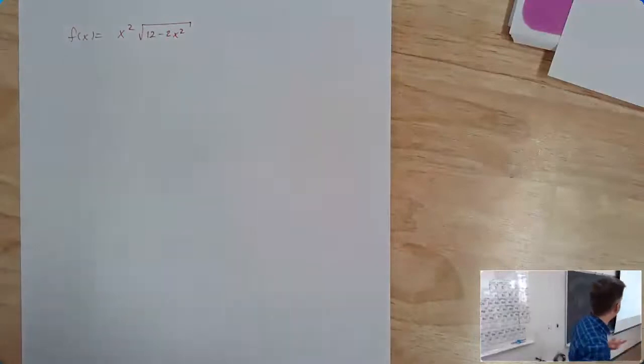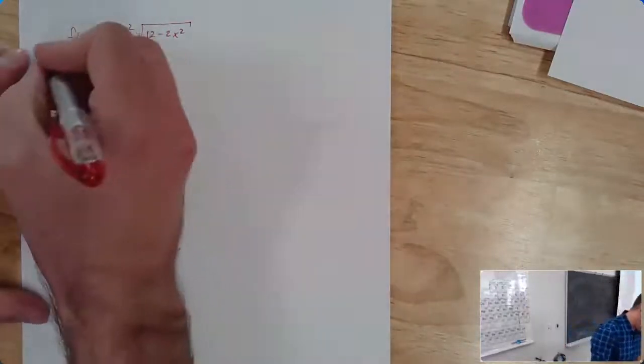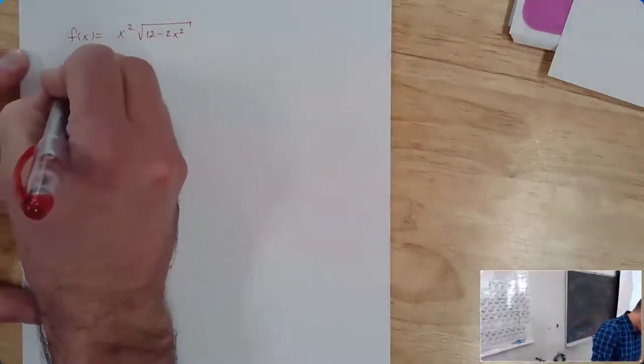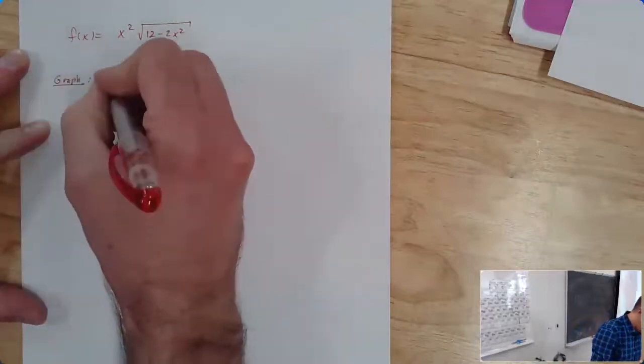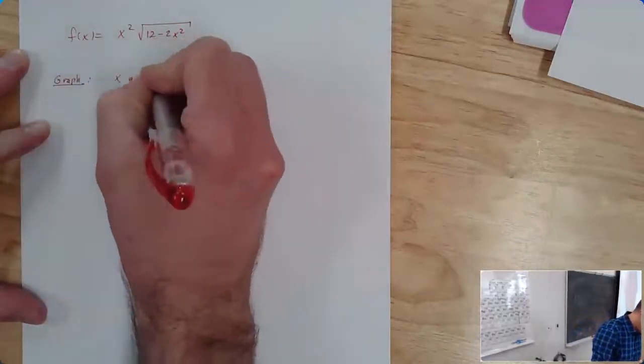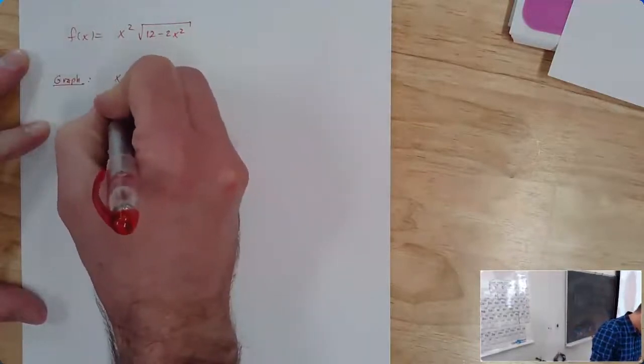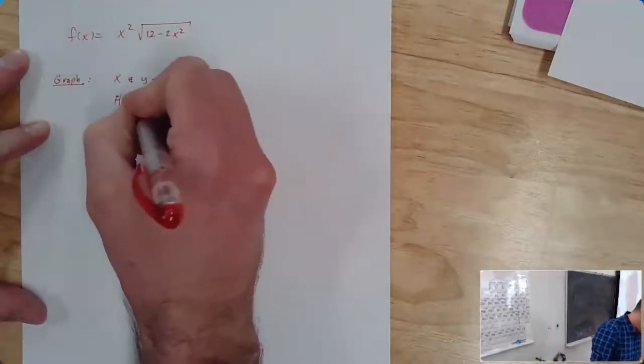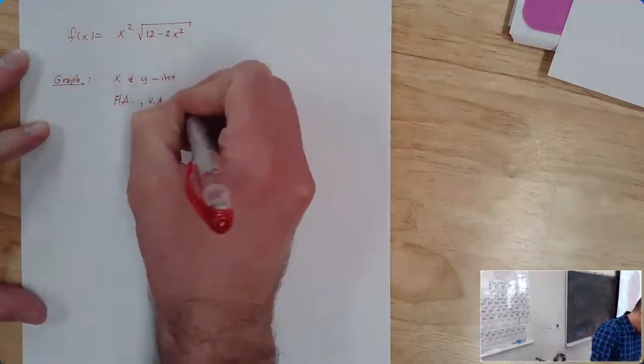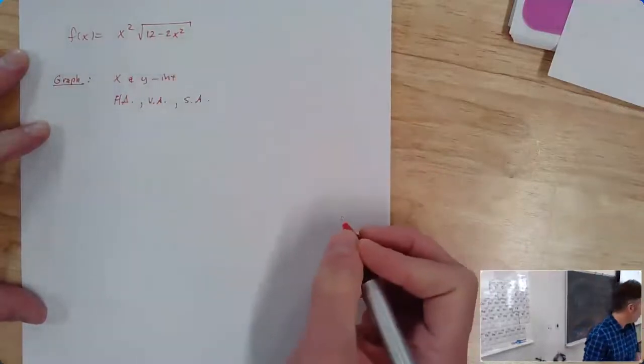The idea for all these functions going forward is we're going to graph them. When we say we're going to graph them, we're going to include all the following: x and y intercepts, any asymptotes, so horizontal asymptotes, vertical asymptotes, maybe even a slant asymptote here and there if we have them.